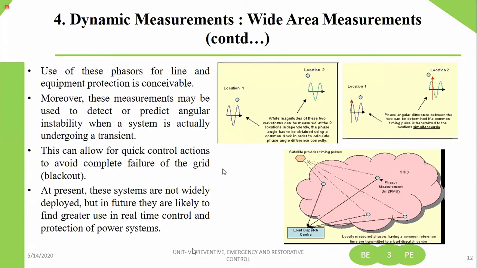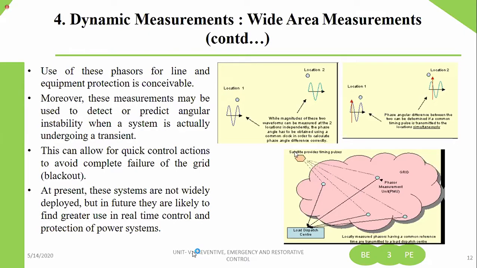Using a satellite, we can carry this out, and this allows quick control action to avoid complete failure of the grid, meaning blackout. So it will prevent the blackout. At present these systems are not widely deployed, but in future they are likely to find greater use in real-time control and protection of power systems.